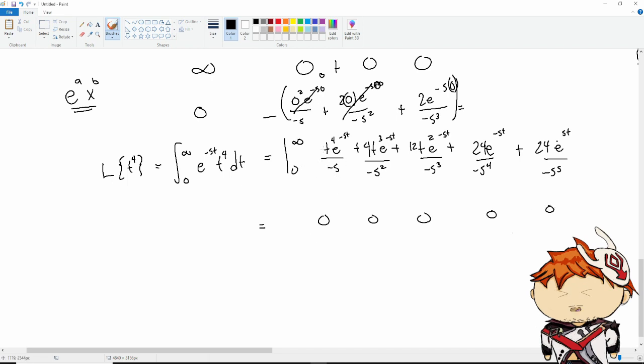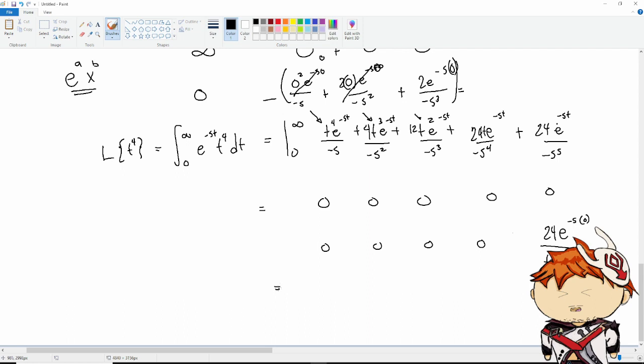For the lower limit, every term with the variable t will be 0, and what's left is 24 e to the negative s0, which is 1, over s to the fifth.